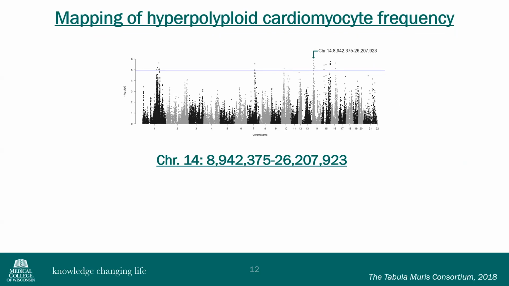Within this locus, there are 151 protein coding genes. Of these, there are 22 that have variants that are predicted to be damaging.